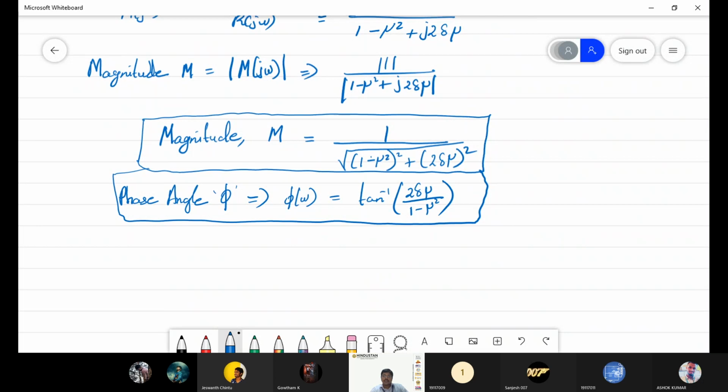I hope you understood. Similarly, we can find the other values also. The normalized resonance peak we found. Similarly, we can find the phase margin, gain margin, cutoff frequency, etc. So all those things are possible in frequency domain analysis, right?